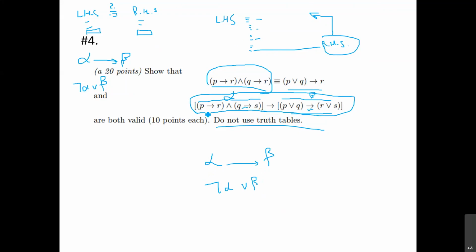So this, and this. And since we're trying to prove that it's valid, it means we want to reach true. And eventually, after you do this, you hopefully want to reach true. Or you have to prove that, for example, P or not P, and Q or not Q, and so on.